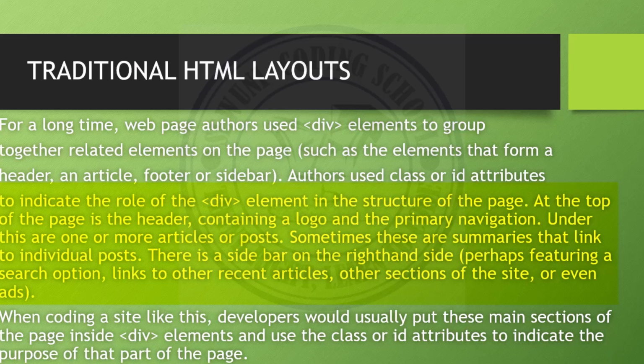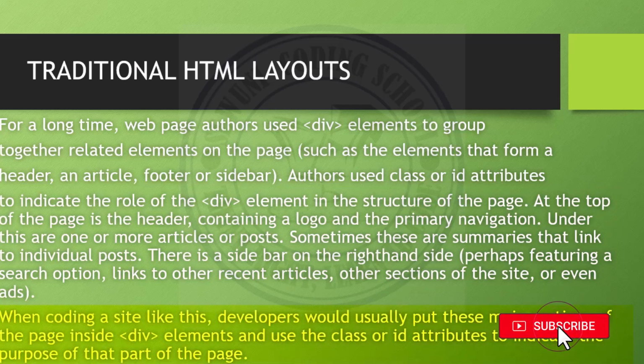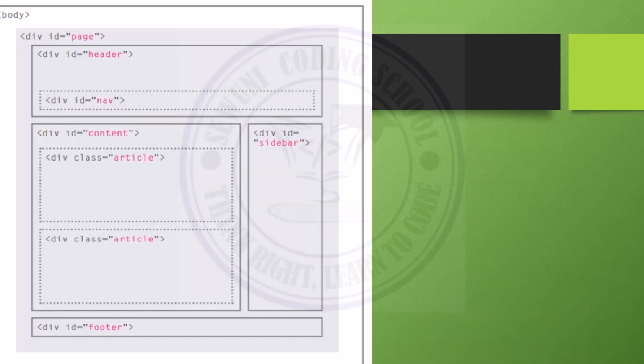Usually the sidebar is on the right, which contains search options, favorites list or recent posts, and what have you. And then when you are coding such a site, you usually put these main sections of the page inside the div and use classes and IDs to indicate the purpose of those sections.